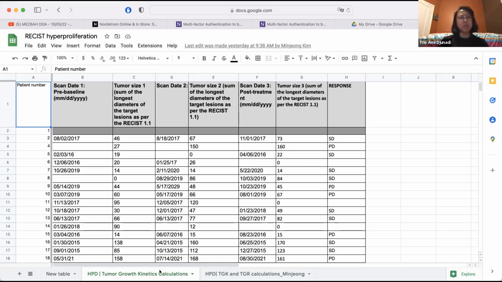I also checked the data that Dr. Yuri sent us, and there was only one volume column. So I asked Dr. Yuri whether we can get the volume for 3 time points, and I haven't heard back yet.